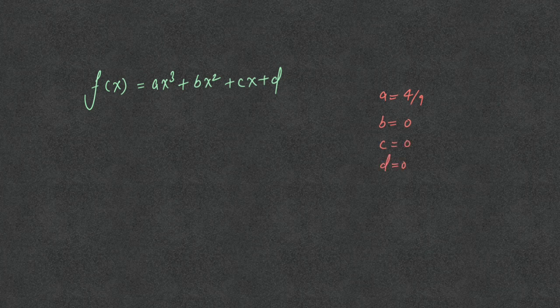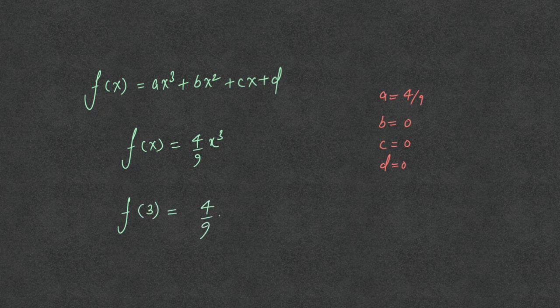So the function becomes f of x is equal to 4 by 9 into x cube, and we want to evaluate f of 3, so that means 4 by 9 into 3 cube, which is 4 by 9 into 27, and finally it becomes 12.